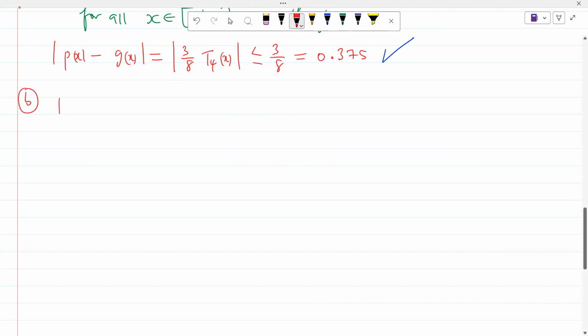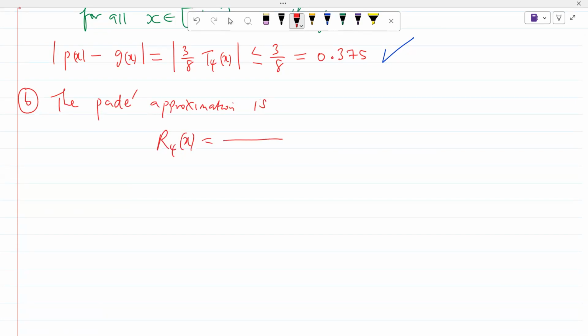So the Pade approximation is given by, what is the Pade approximation that is of interest in this module? The Pade approximation is, they've already mentioned R4 of x.